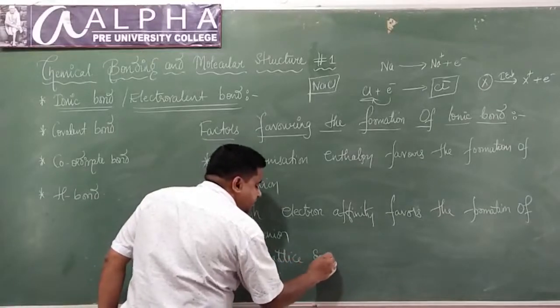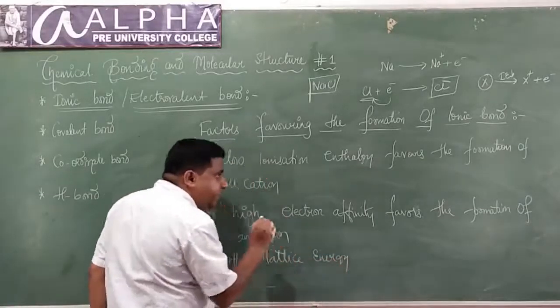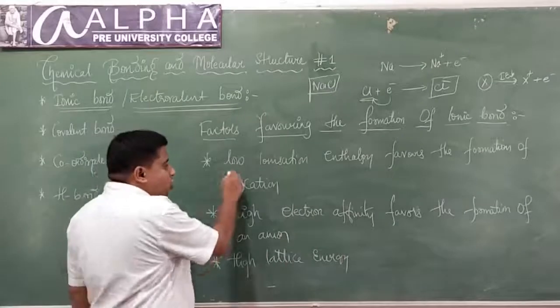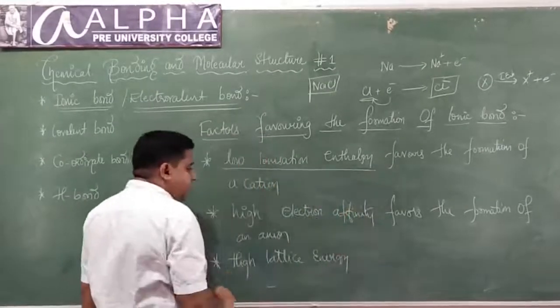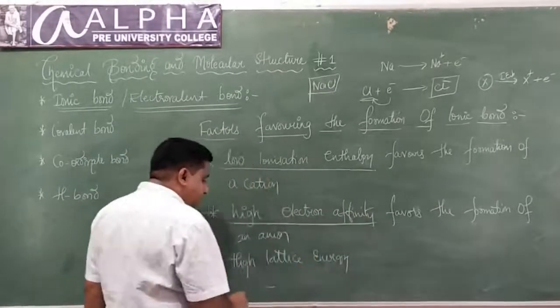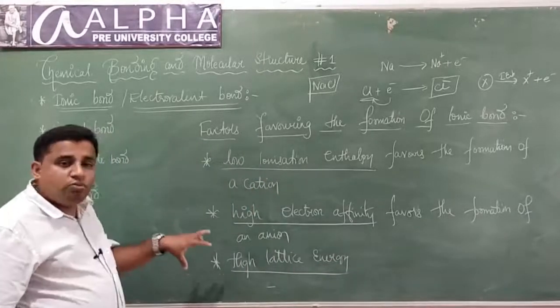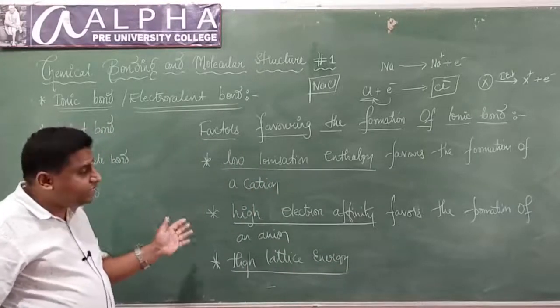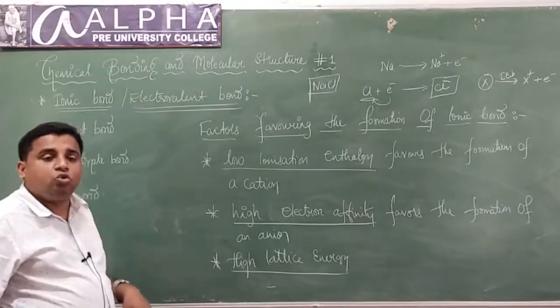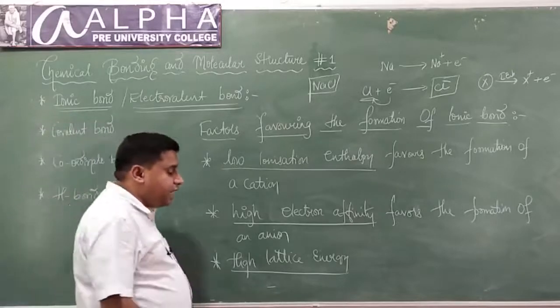These are the three important criteria. One is low ionization enthalpy, high electron affinity, and the other one is high lattice energy. And there is one more, which we'll study separately in a rule called Fajan's rule, but still I'll write it here.